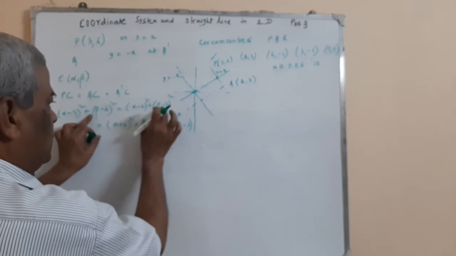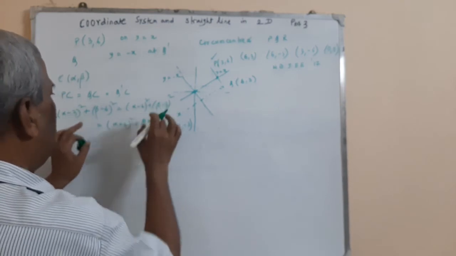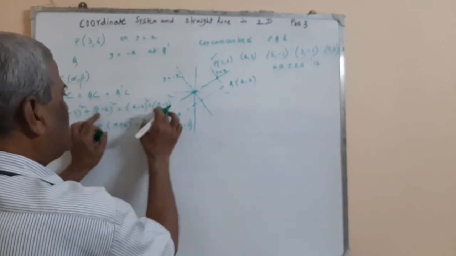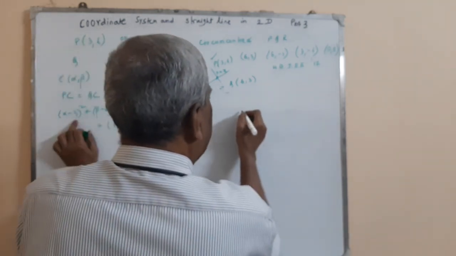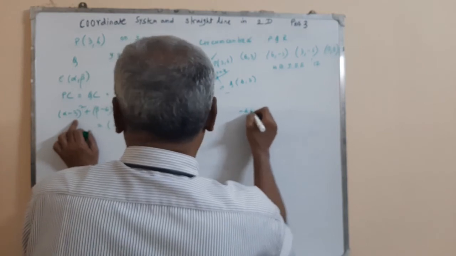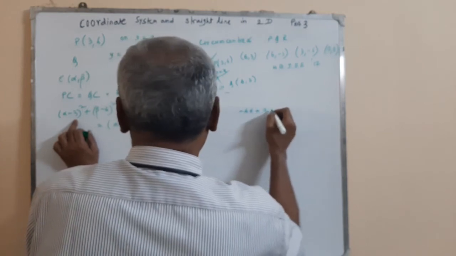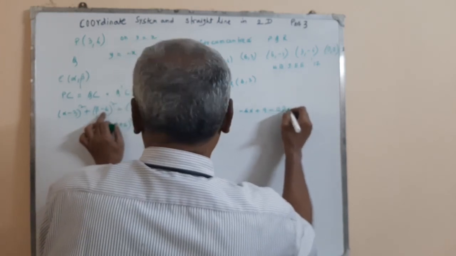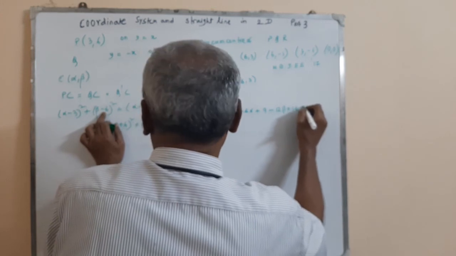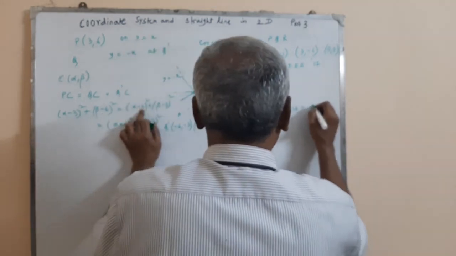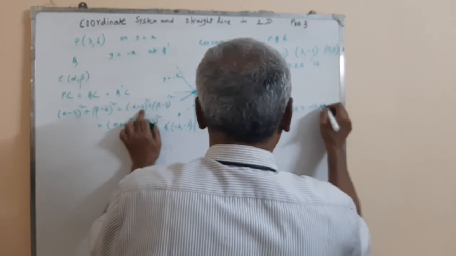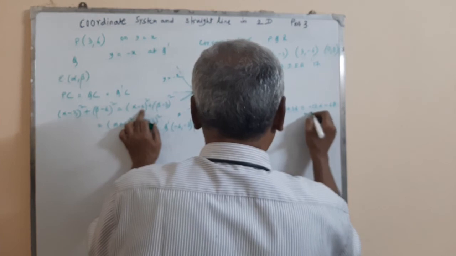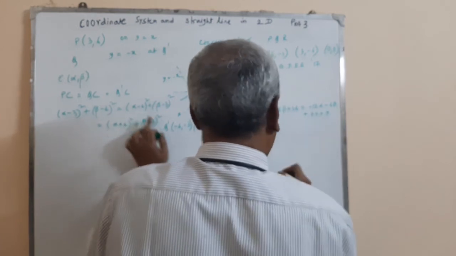Considering this is equal to that, after simplifying, alpha square will be cancelled, beta square will be cancelled. So we get -6 alpha plus 9 minus 12 beta plus 36 is equal to -12 alpha minus 6 beta plus 36 plus 9.